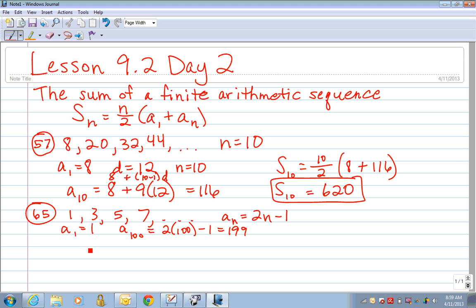And so we need to find the sum of the first 100. So that's 100 divided by 2 times the first term plus the last term. So when we calculate, we get the sum of the first 100 positive odd integers as 10,000.